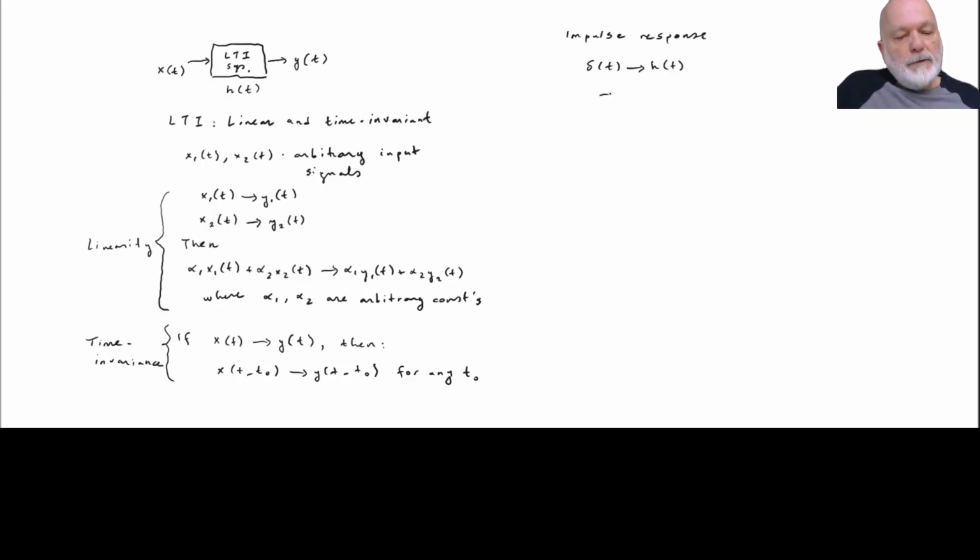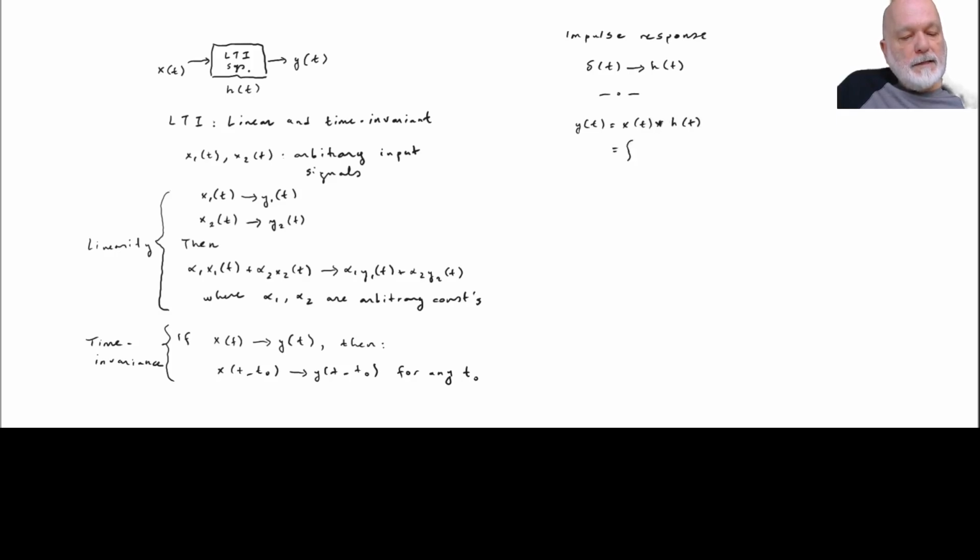Up to this point, we have just reviewed some of the basic definitions related to LTI systems. Now, we also know that when we have an arbitrary LTI system, the output y of t is equal to the convolution of the input and the impulse response.